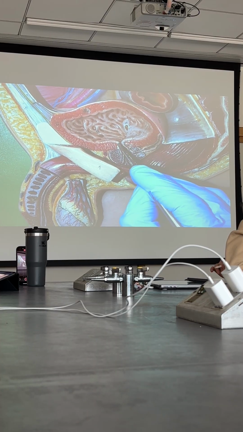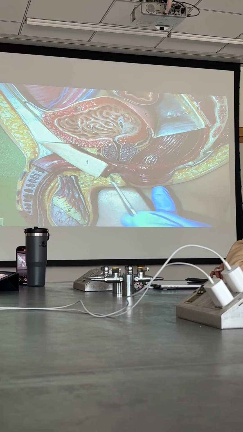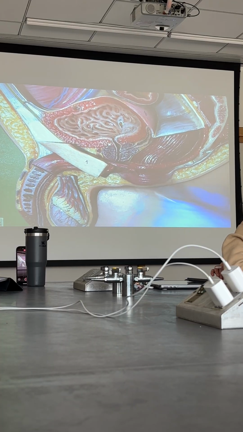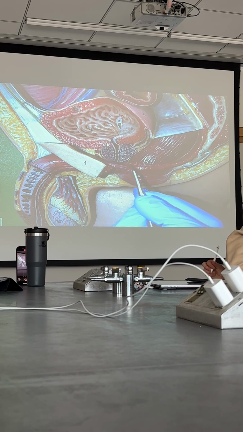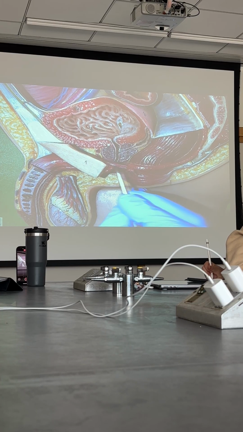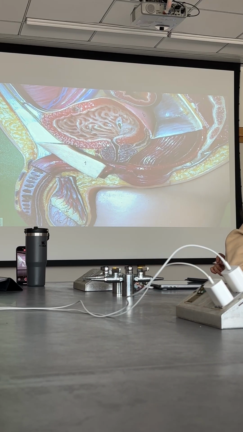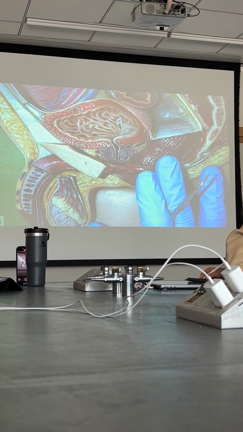Then you've got the urethra leaving. And this muscle right there, which is basically a continuation of the pelvic floor muscle, makes up the external urethral sphincter, and it's made out of skeletal muscle. So that's what's going on with the external urethral sphincter.